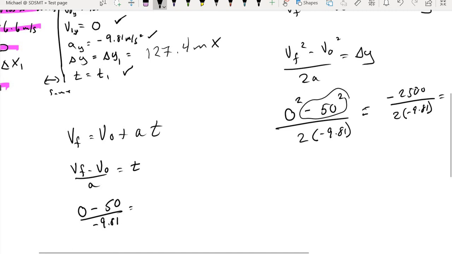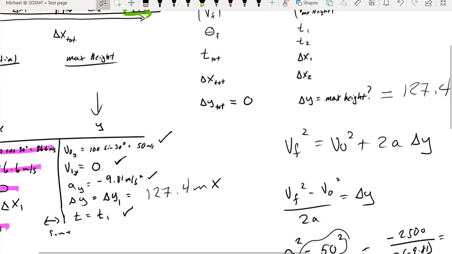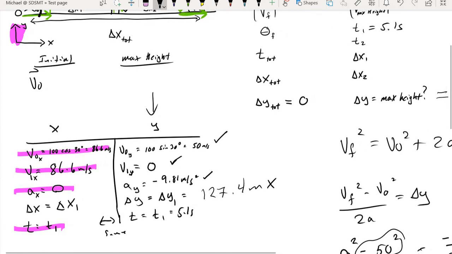And that results in a 5.097, so I'm just going to round that up to 5.1 seconds. So time 1, 5.1 seconds.